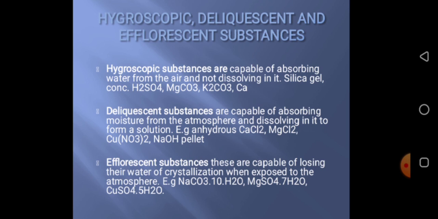These substances may be acid, base, or salt that has some unique property. When you keep it open, some may absorb water, some may give out water. For example, when you open concentrated tetraoxosulfate(VI) acid, it will absorb water from the atmosphere.